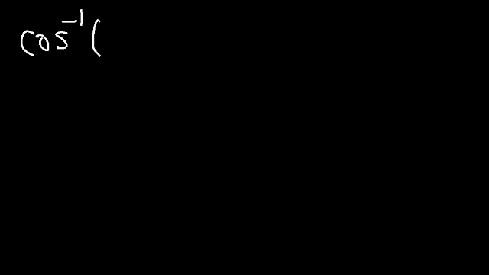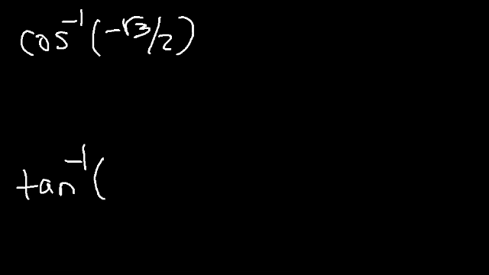Evaluate inverse cosine negative root 3 over 2 and inverse tangent negative 1. So inverse cosine is negative in quadrant 2. So cosine of what angle in quadrant 2 is negative root 3 over 2?